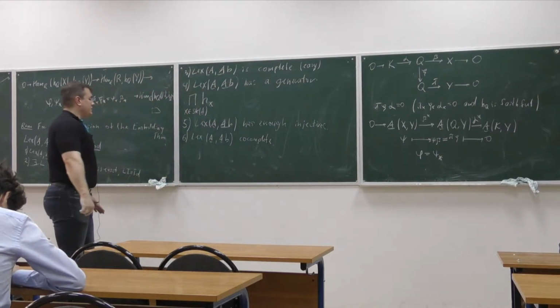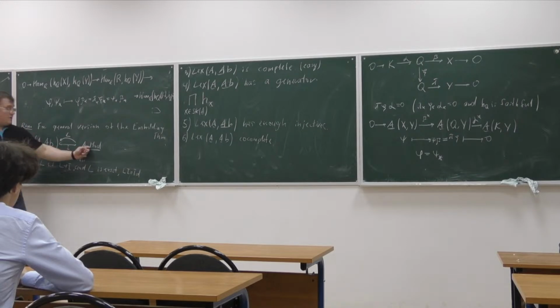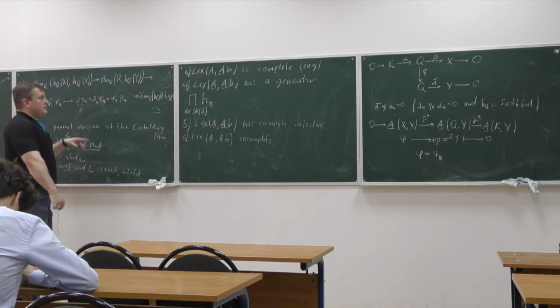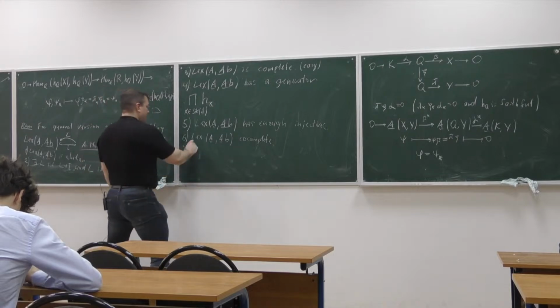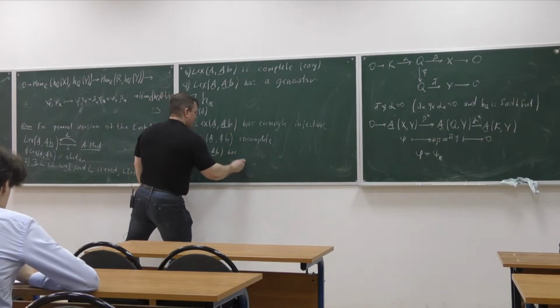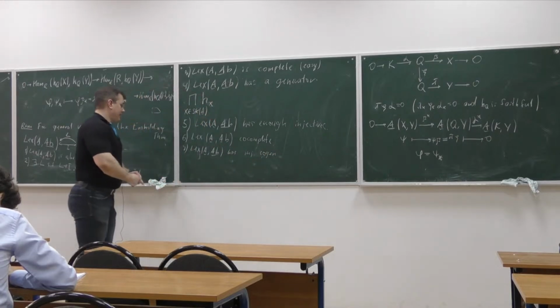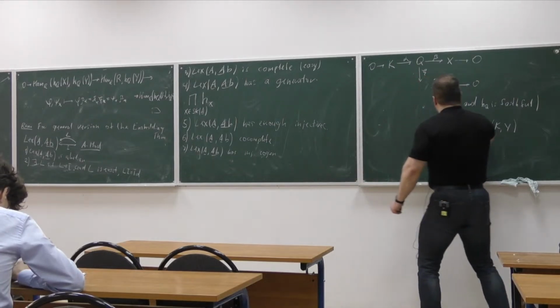The co-completeness is less trivial, but still quite easy if you look at this functor L and induce the co-completeness from the co-completeness of all modules over the category by using this identity. It's an easy exercise. I'm not going to do this. So this is a complete, co-complete category. It has enough injectives. Automatically, we'll get seven: Lex has an injective cogenerator. This is for free.